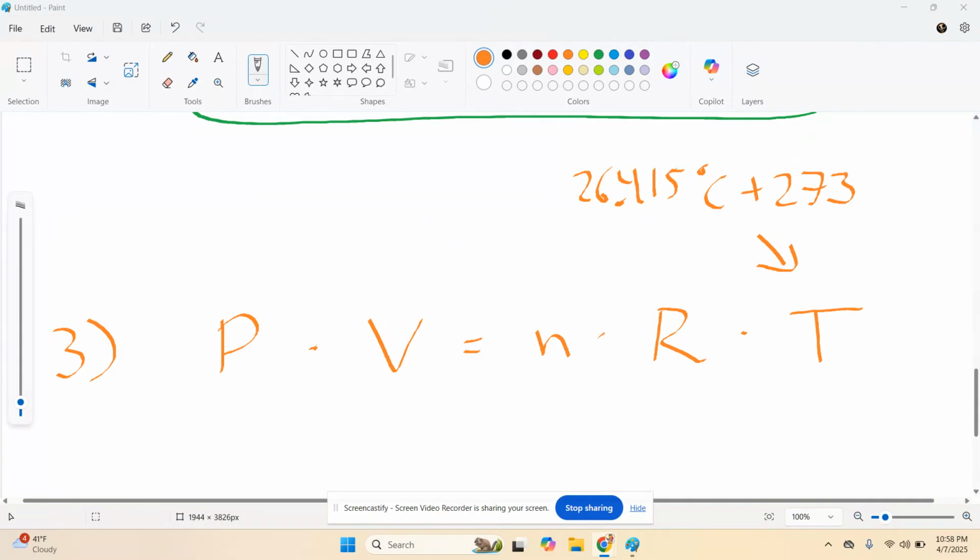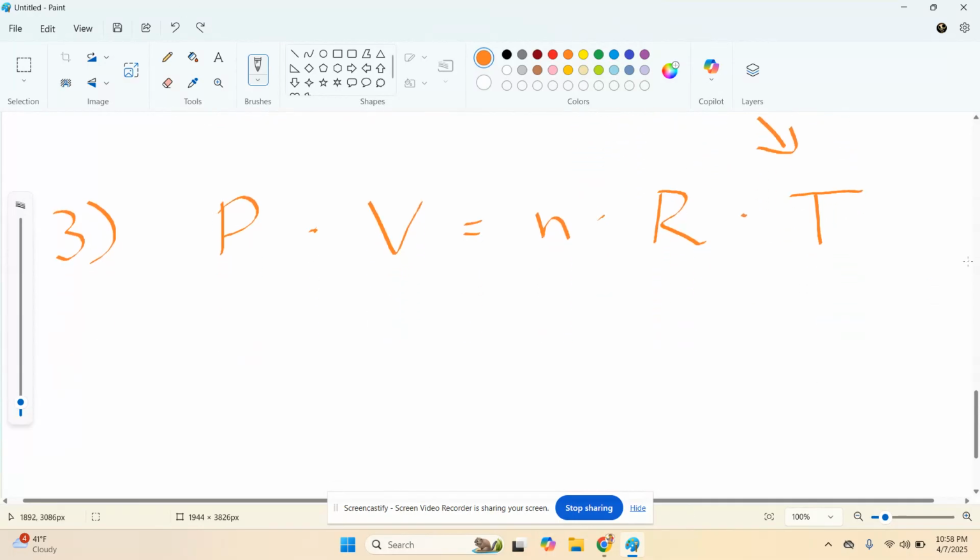On a calculator, 26.415 plus 273, and we get the temperature is 299.4.